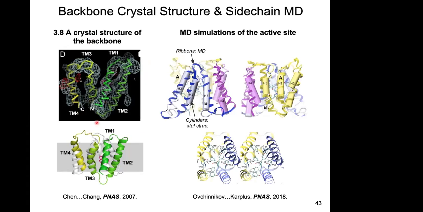And then where the drug sits, they know a little bit, but even as recent as about 2018, MD simulations have been done in Martin Karpler's lab, and there's another MD group that were trying to build upon this crystal structure information, the backbone, and then use MD simulation to say something about where the substrates would bind, right? So this is actively studied.